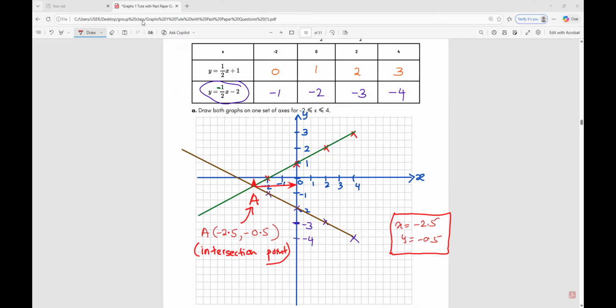Okay, we'll go to the next part. So in part B, they are asking to write the gradients and the intercept.